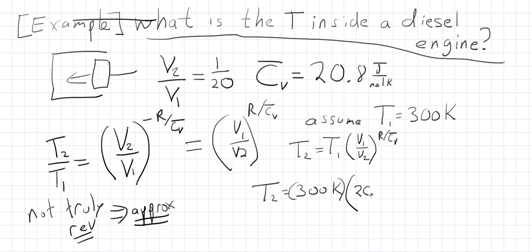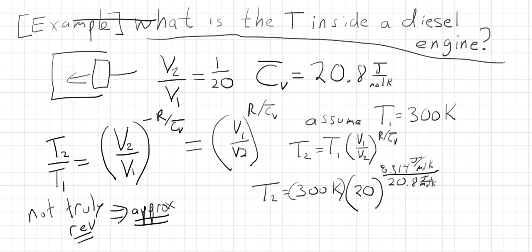Right? We start off with 20 times more volume than we end up with when we compress those gases. And then R, we have 8.314 joules per mole Kelvin, divided by CV, which was 20.8 joules per mole Kelvin.